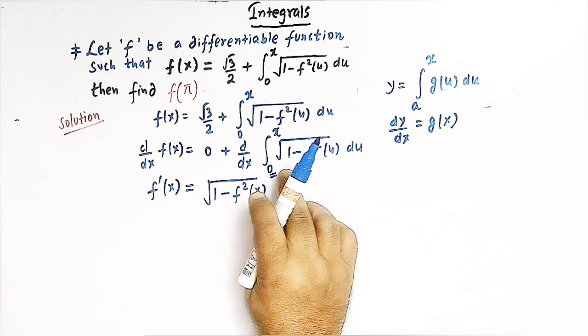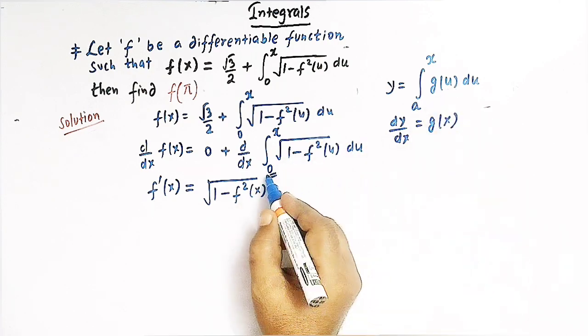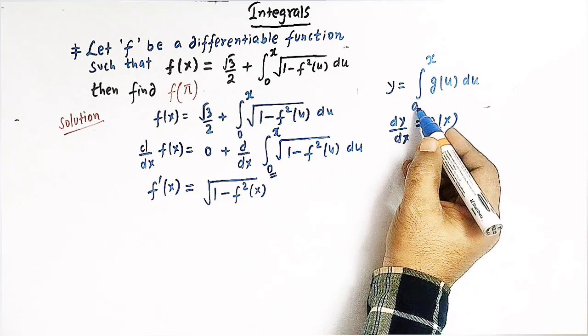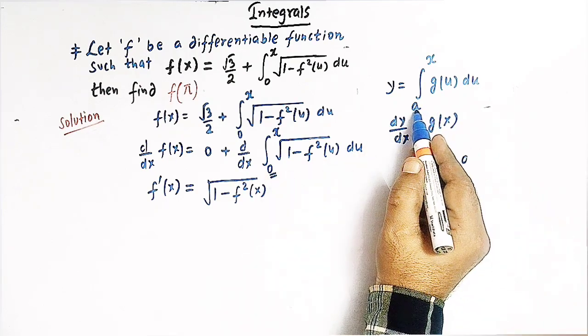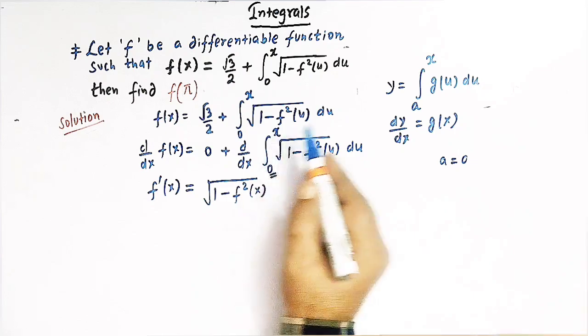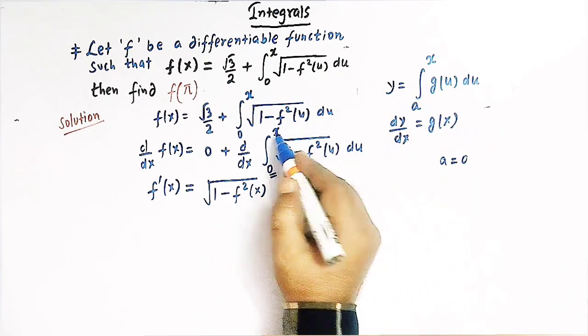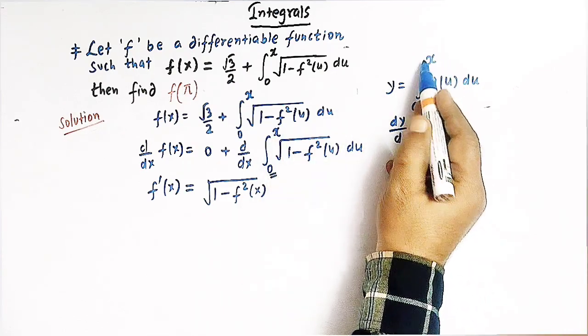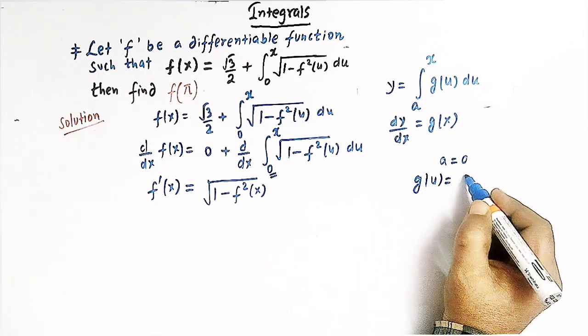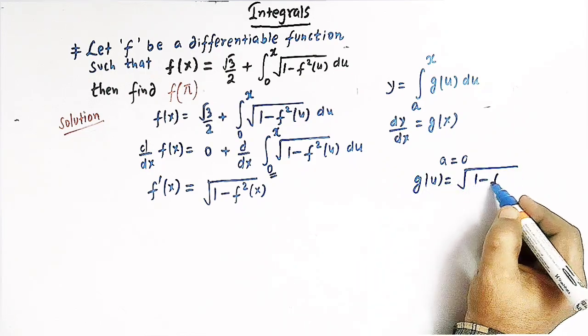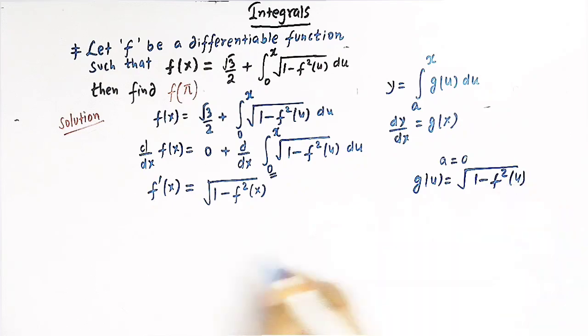So if we compare this integral with this one, then the lower limit a is equal to 0. Here a is a constant, and the upper limit is x, here also the upper limit is x, and g of u is given by square root of 1 minus f square u, right?